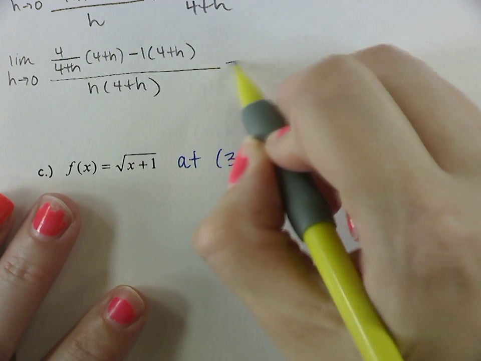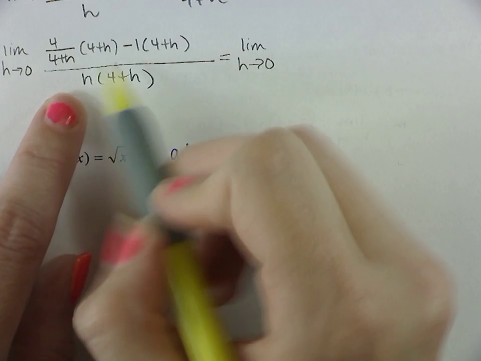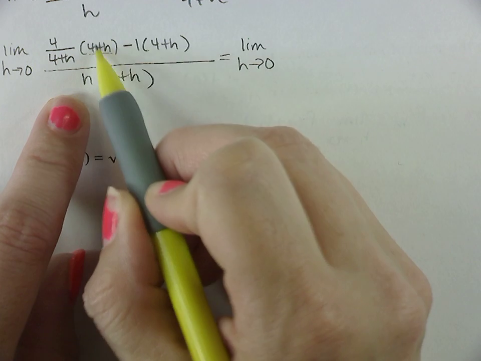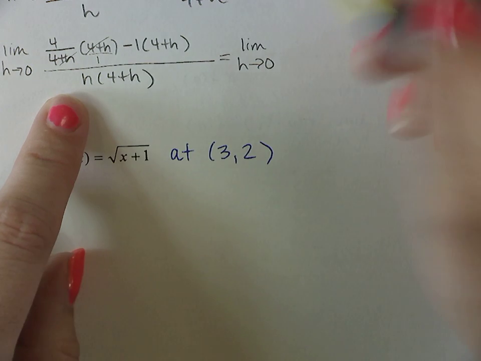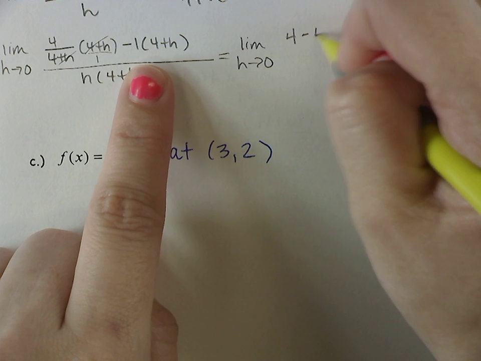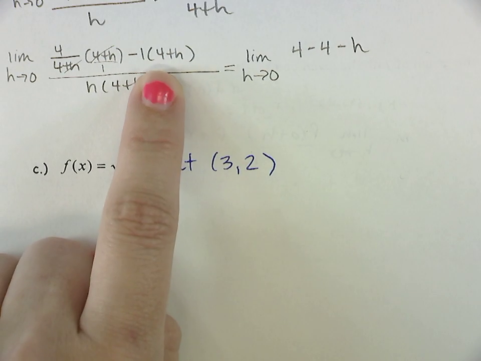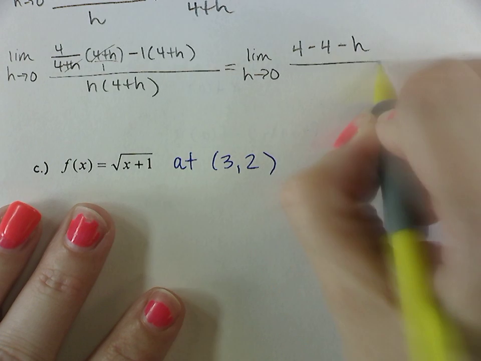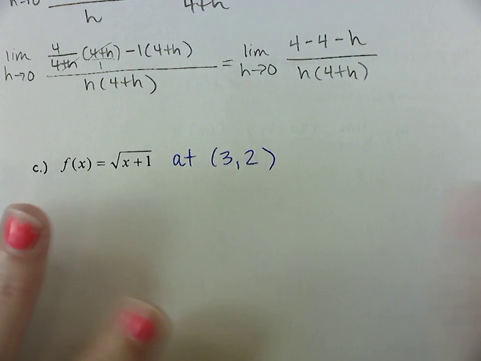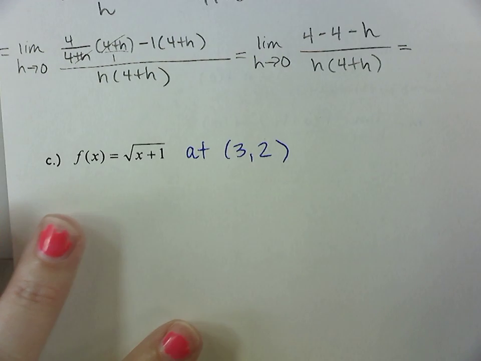We're going to do that again today. Okay, so now because this is in the numerator, this is like over 1, those are going to cancel. So I'm going to be left with 4, and then now I'm going to distribute negative 4 minus H. So make sure you distribute the negative. I'm going to keep the denominator the same.